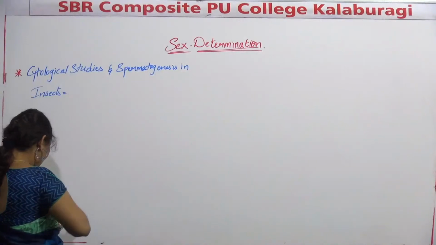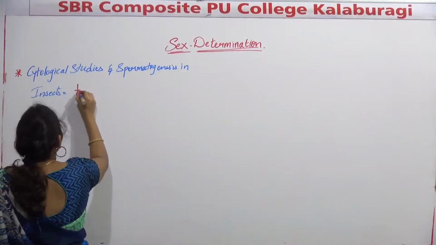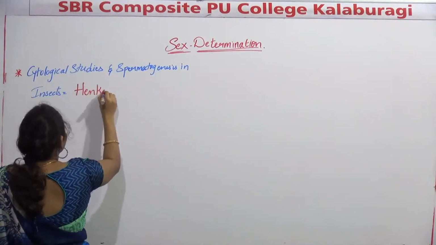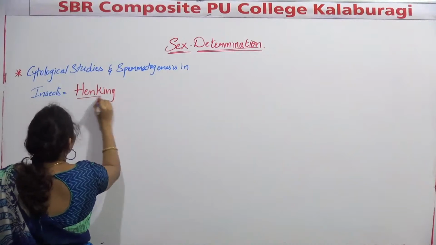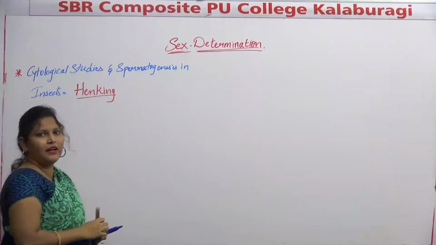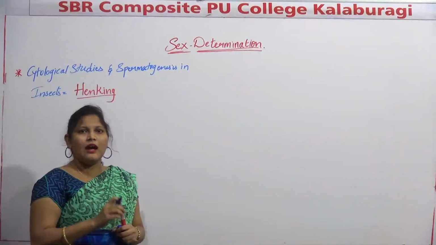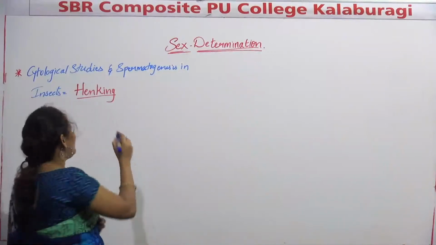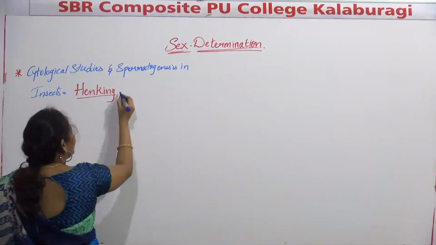Henking identified a specialized structure and he named it the X body.